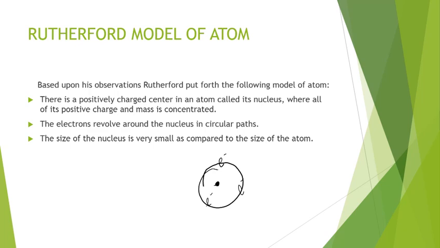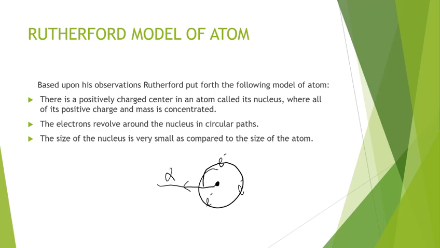The size of the nucleus is very small, because only one of 12,000 particles got deflected. The size of the nucleus is very small as compared to the size of the atom, right?